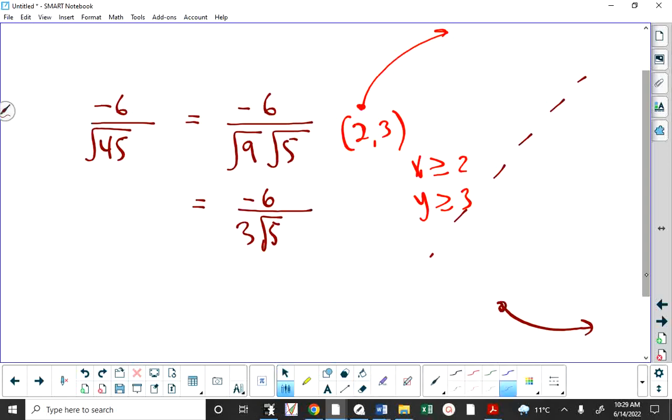This point here is going to become (3, 2), isn't it? And that means x is greater than or equal to 3. And y is, why am I getting less than? Boy, that's messy.